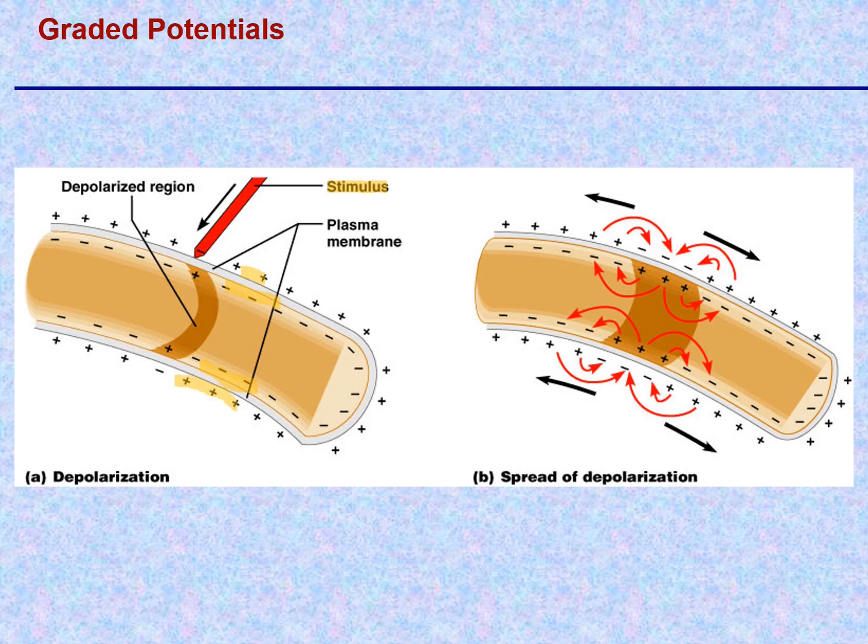So here you have an electrode and it touches. Maybe it activates a few gates and you get some inrushing of sodium and positive charge here, but not that much. And the depolarizing effect spreads further away, but it's just a small graded potential. It's not a strong stimulus, so it fades as it spreads away from the site of stimulus.